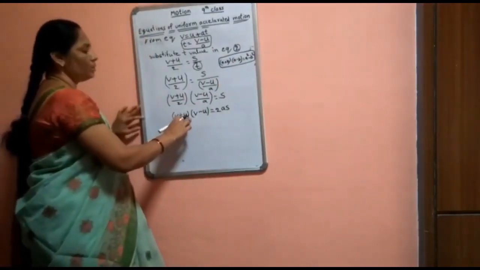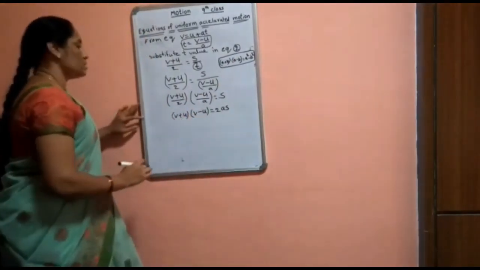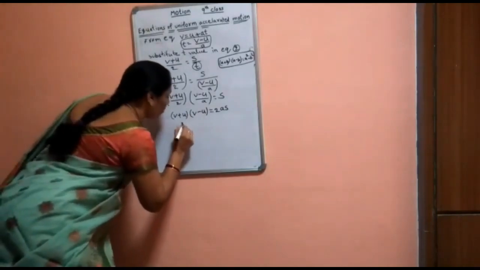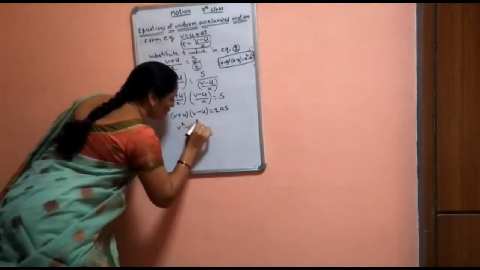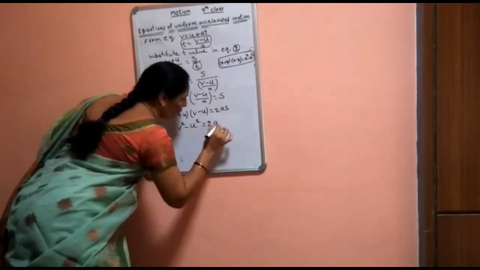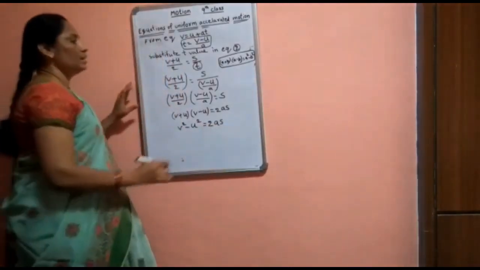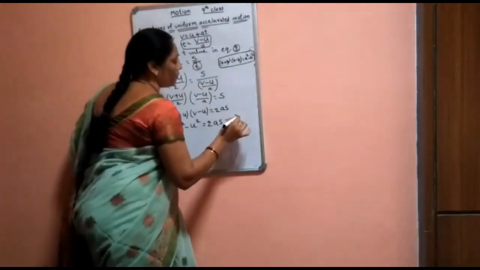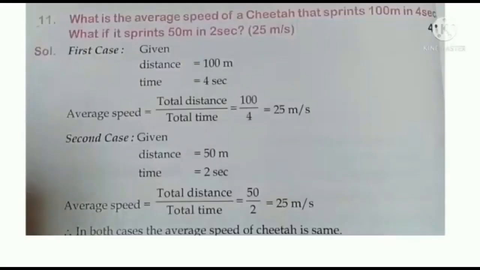Here v plus u into v minus u. We take this 2 and a to the other side. So then it becomes 2as. Here v plus u into v minus u is equal to v square minus u square is equal to 2as. This is called equation number 4.